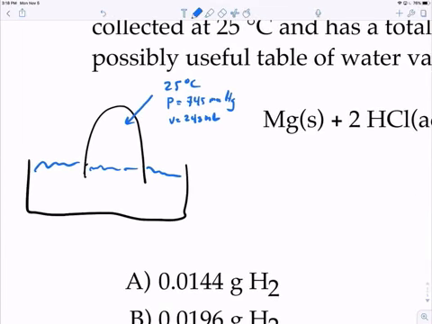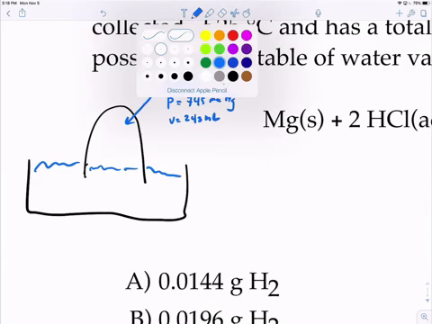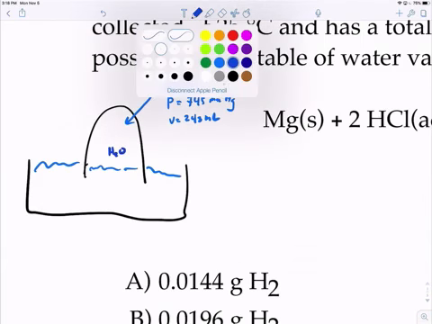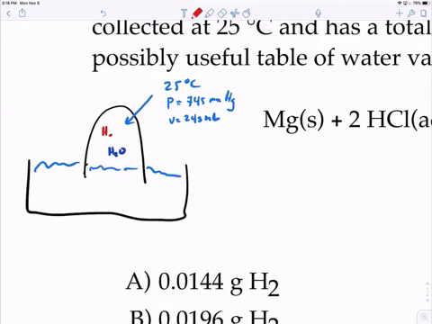Okay, so we have some volume in there, and inside of this is actually water vapor and hydrogen. So we have a chemical reaction, and inside here we have hydrogen, and also with the hydrogen is water from the solution.